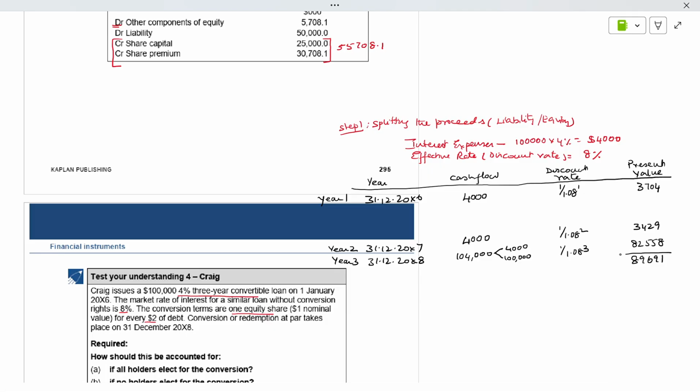Don't worry about the rounding of figures, okay? That is not a mistake. Don't panic about that. Are you clear about this? Yes, doctor.